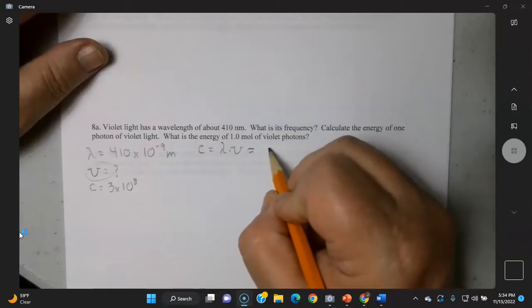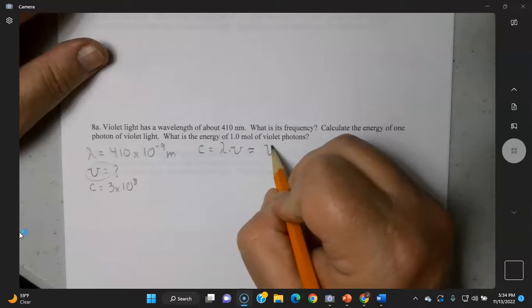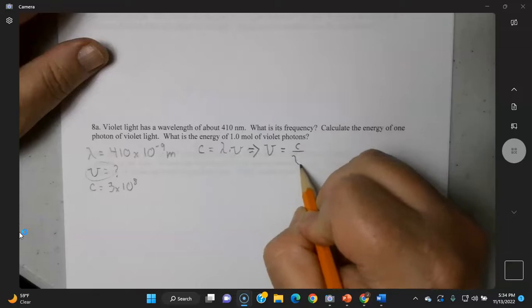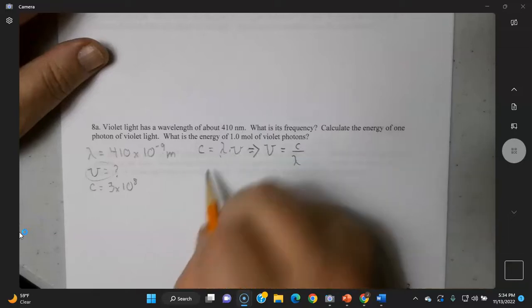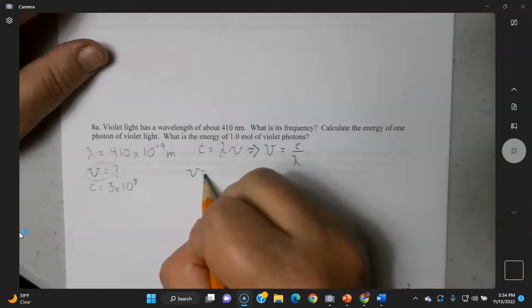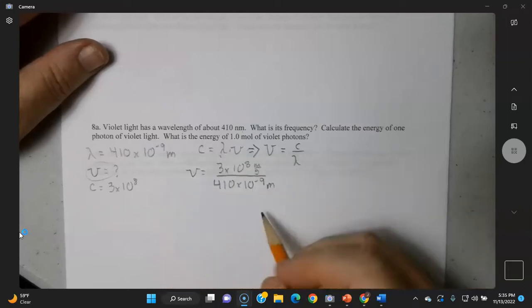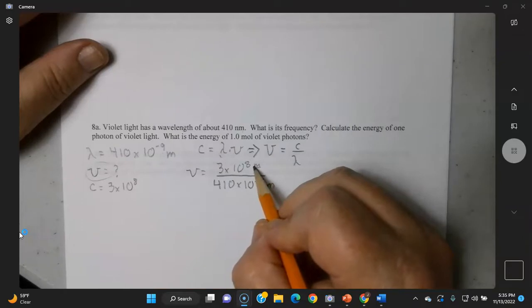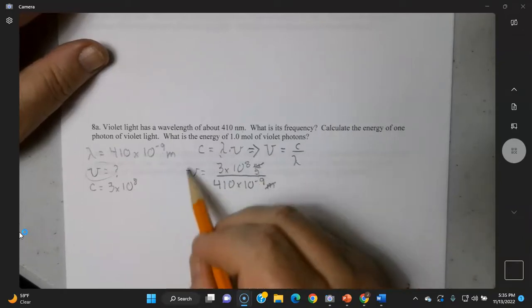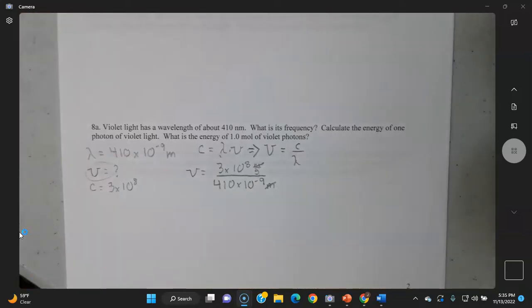If you don't, come see me. You're going to end up with frequency equals c over lambda. You divide both sides by lambda, okay? And that gets you to that. So that means frequency equals, okay, meters in the numerator and denominator cancel, so you end up with 1 over seconds, and that's the appropriate unit for frequency.